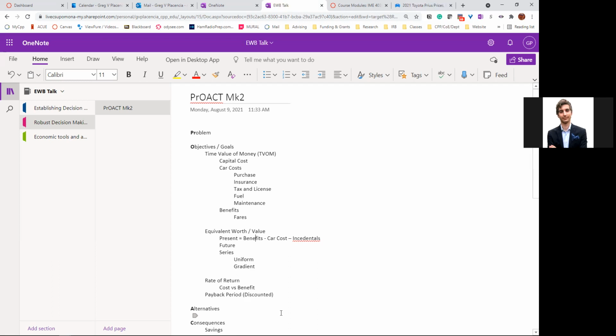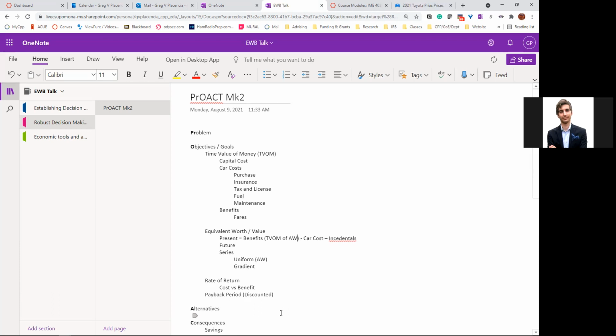So in those cases, we have what's called a uniform value. Any benefits have to be multiplied by the TVOM factor, and that's called a uniform value. I'll call it AW. I usually use AW.